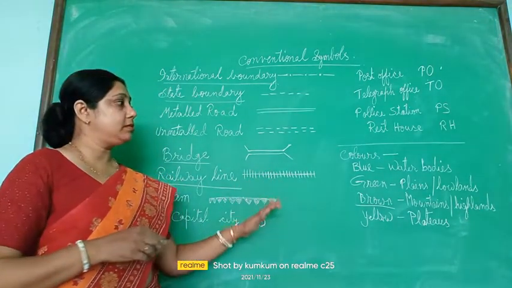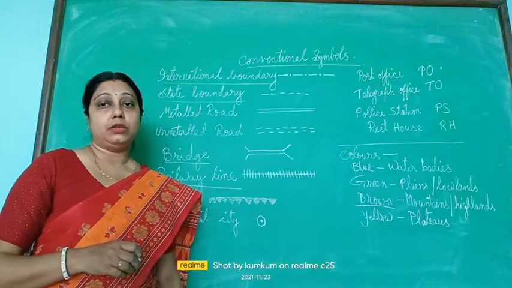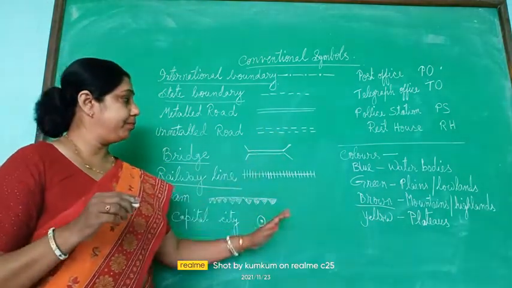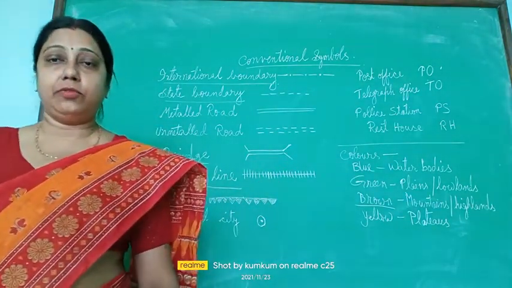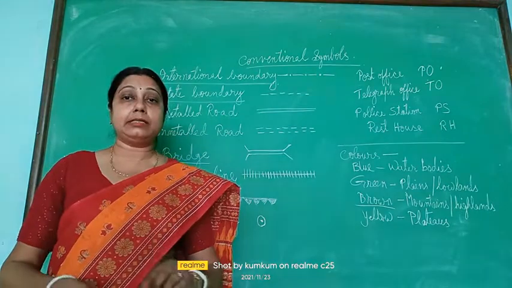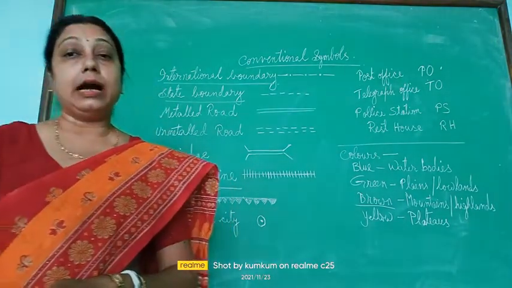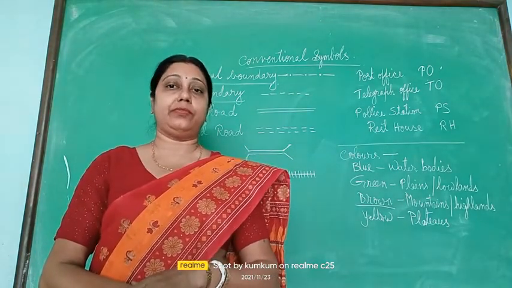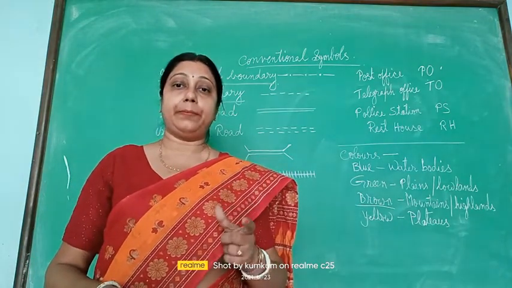So these were some of the important key points of the chapter Maps. You have to practice the drawings of the conventional symbols and learn their meanings. Now those who study maps are known as cartographers, and the study of maps is known as cartography. These two words are very important from this chapter.